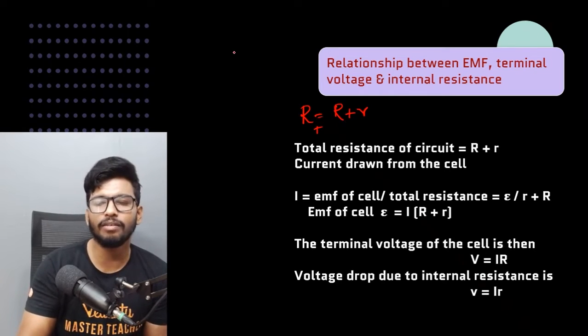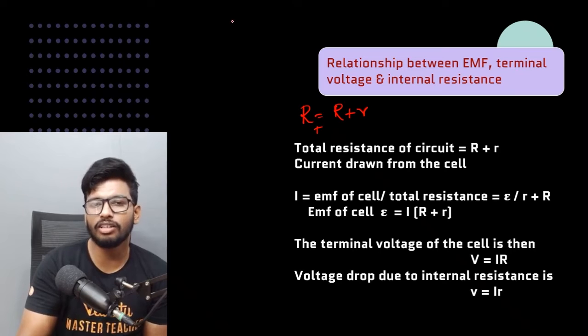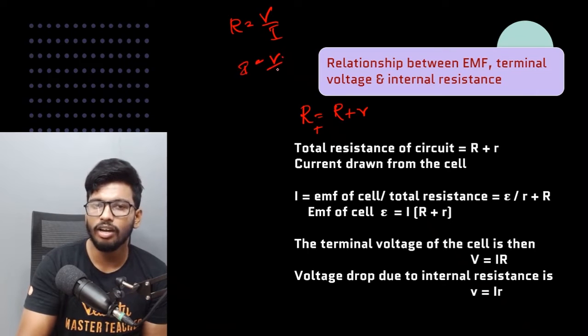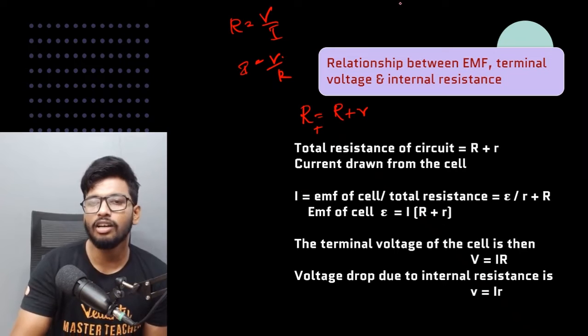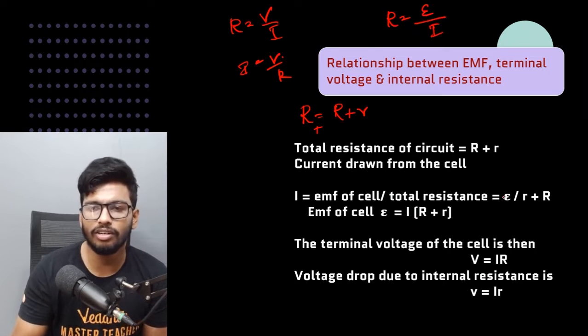Now we know that resistance is equal to voltage by current. So here, guys, total resistance is equal to total EMF of the cell divided by the total current. That is what they have written over here.